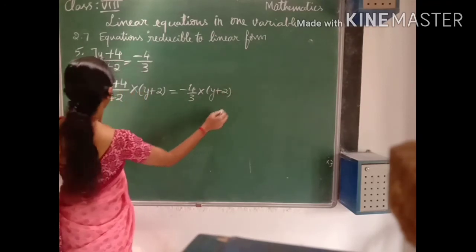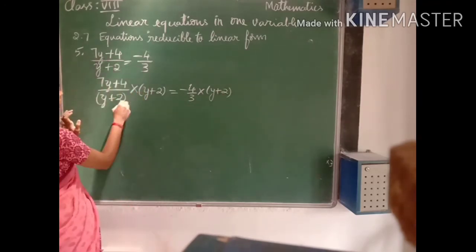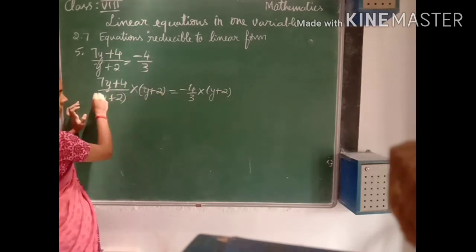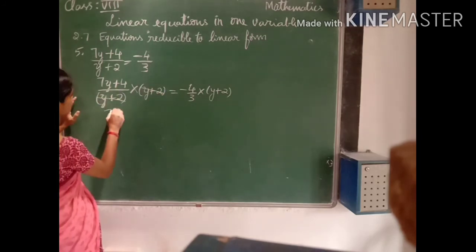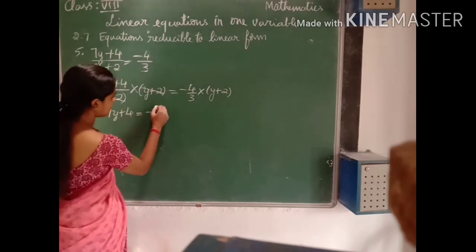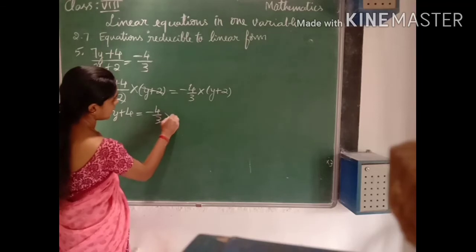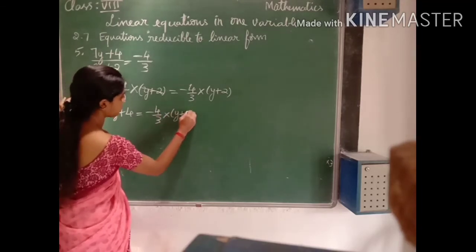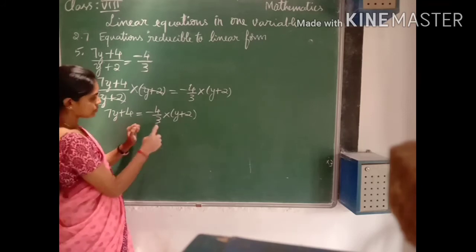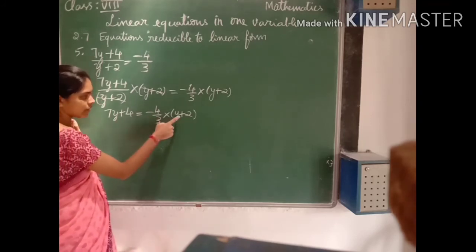Then what happens when you multiply by the denominator? It gets cancelled. So what remains? 7y plus 4 is equal to minus 4 by 3 into y plus 2.